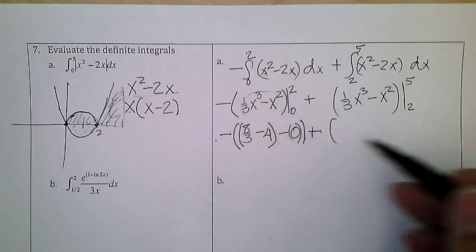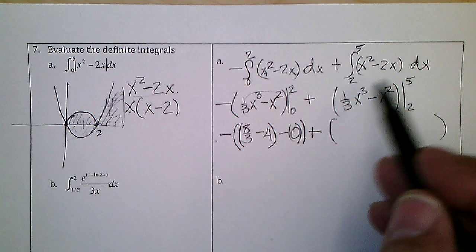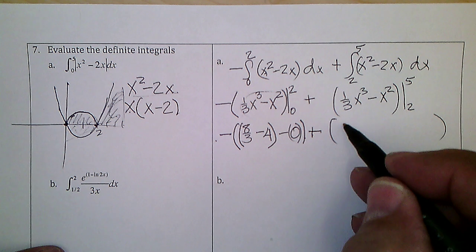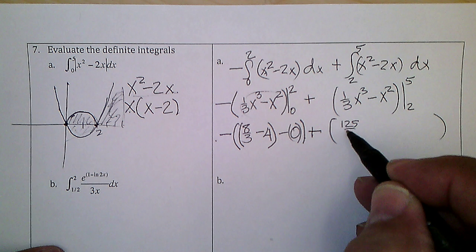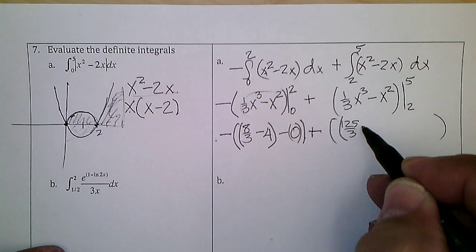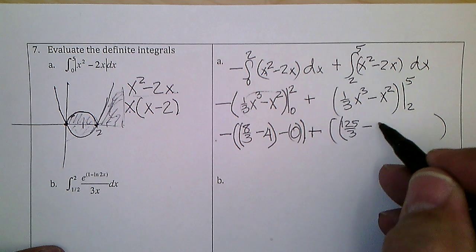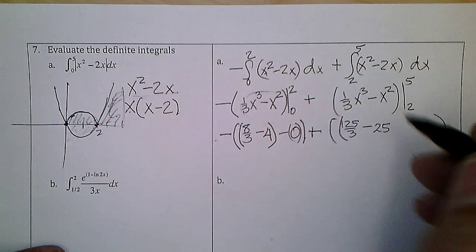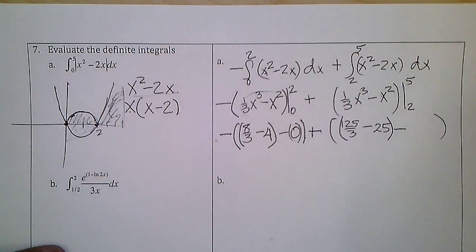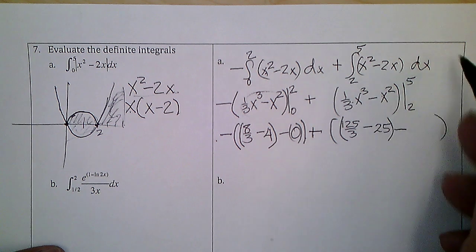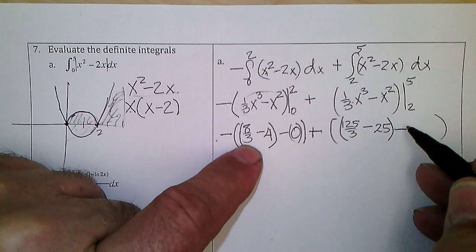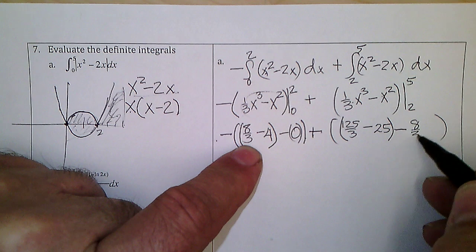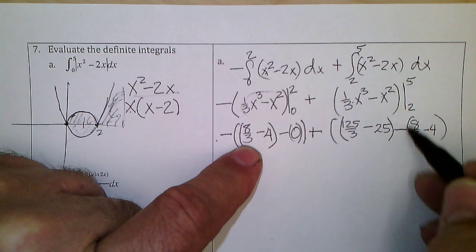Plus, now we got to put 5 in here, so we get 125 over 3 minus 5 in there is 25. Minus, put 2 in there, and we get the 8/3 minus 4 again.